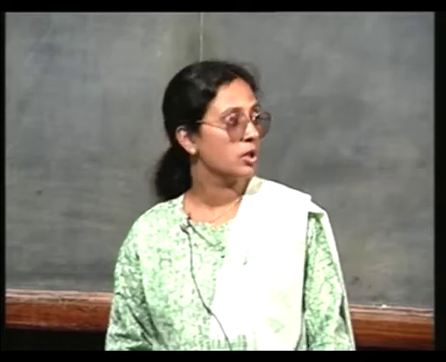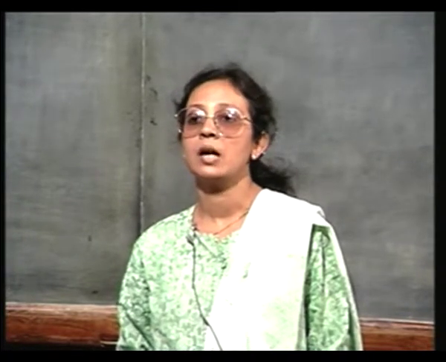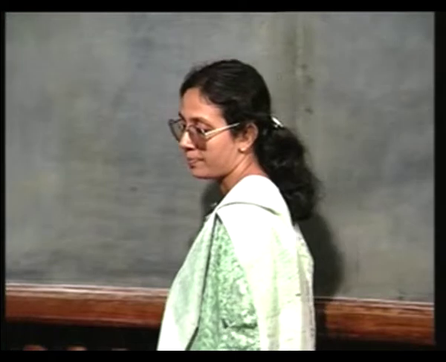So, since your p-type diffusion has a considerable depth, that means it extends in both ways as well. So, even if your original isolation window was small, there will be considerable spread on both sides and therefore, you will have larger area requirement. Okay? That is one drawback.